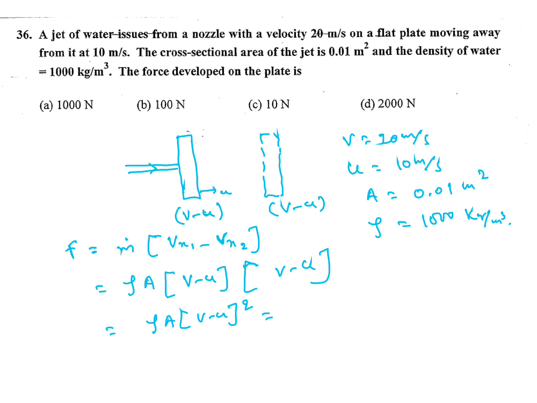Put the values: 1000 into 0.01 into (20 minus 10) which is 10, squared. So we will get 1000 Newton, Fx.